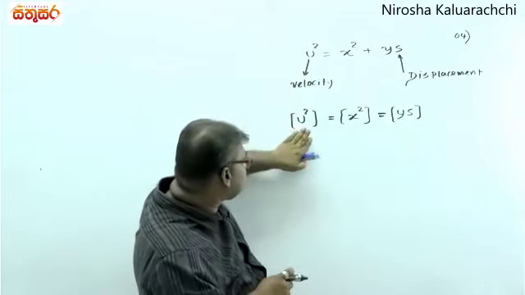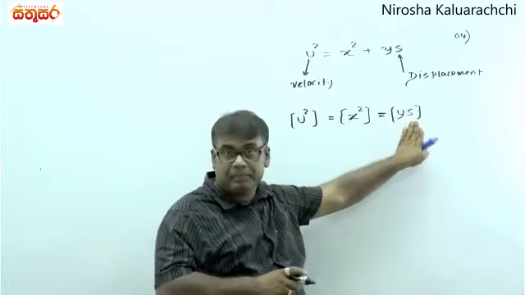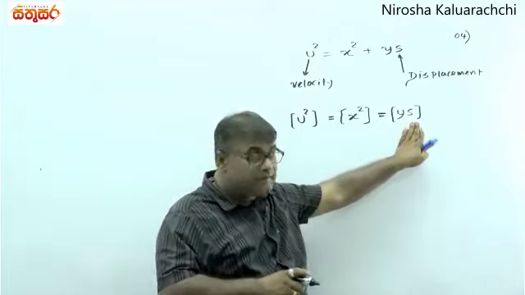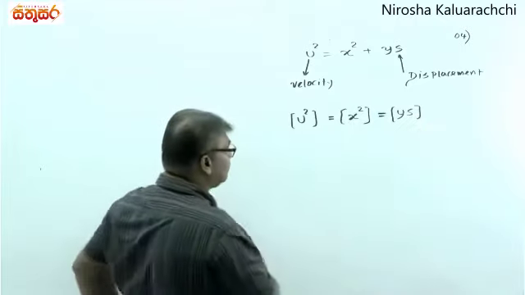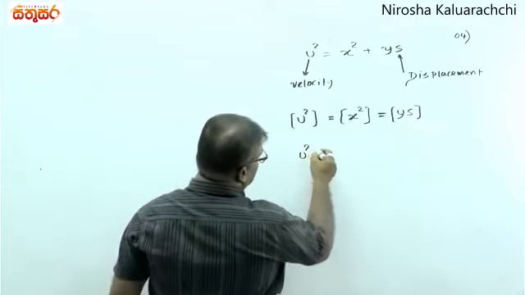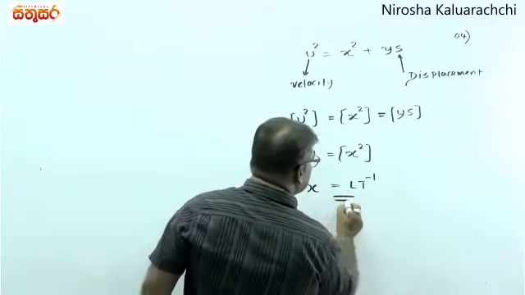So dimensionally this and this should be the same, right? Dimensionally this and this separately equate. So v squared dimensionally equals x squared dimension. So x squared cancels, LT minus 1. Clear. Next.